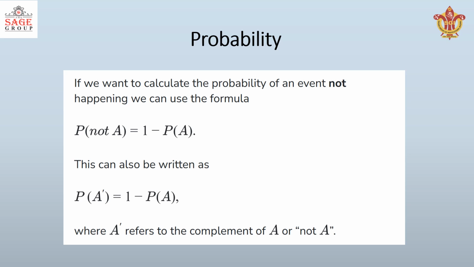This can be written as probability of A complement is equal to 1 minus probability of A, where A complement refers to the complement of A or not A. So it signifies that the event that we are looking for is A complement, that is, we are finding the probability of A not occurring.